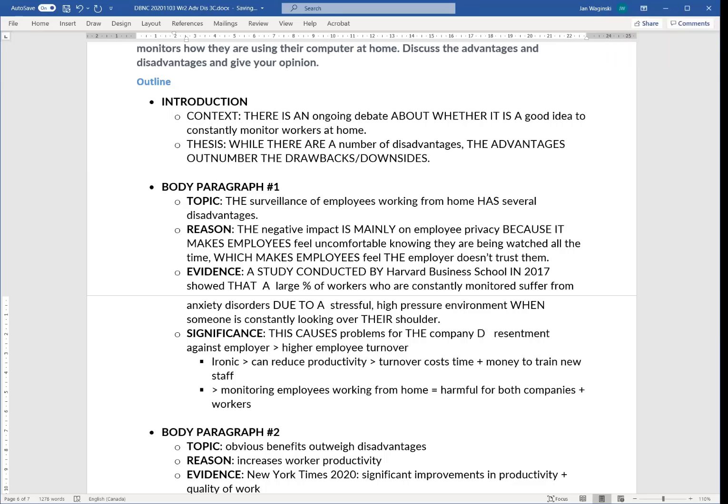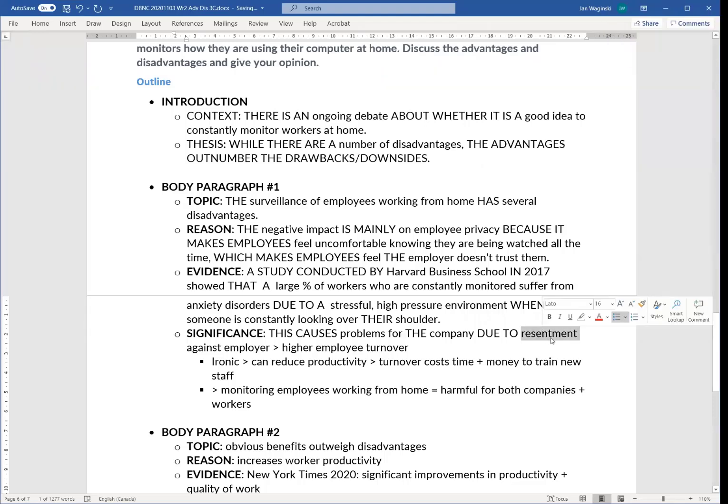And due to resentment. Resentment, what does that mean? Does anyone know that word, resent? What does it mean to resent something?